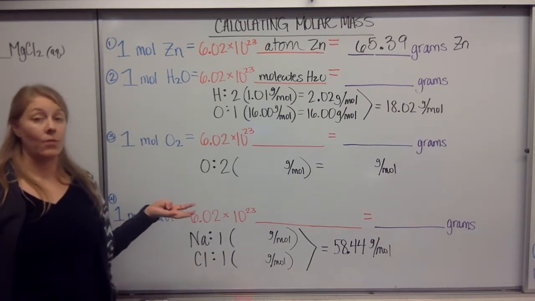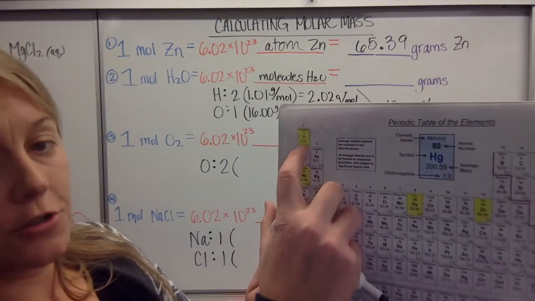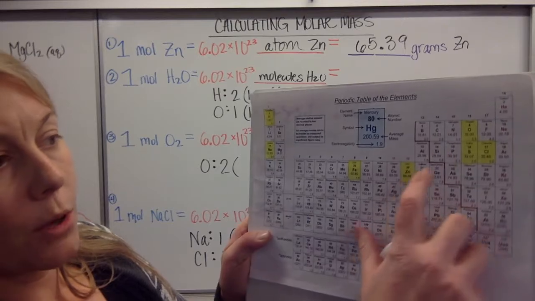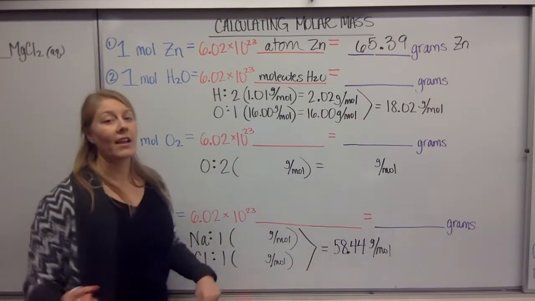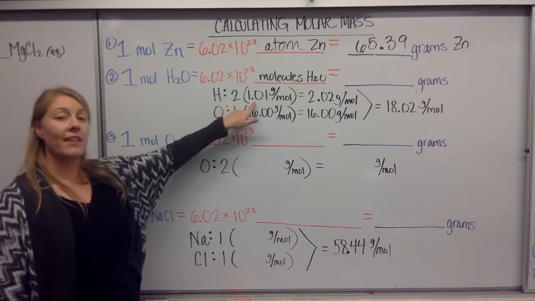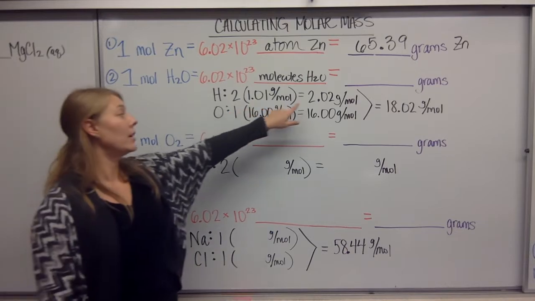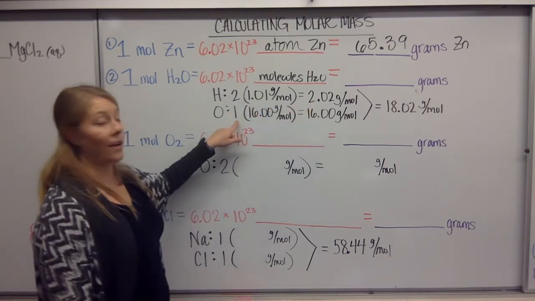How many grams is that equal to? Well, we look on the periodic table. We find the molar mass of hydrogen, 1.01, and the molar mass of oxygen, 16.00. Now we actually have to do a small calculation. We have 2 hydrogens in H2O. Each hydrogen has a mass of 1.01 grams per mole to give us 2.02 grams per mole. There's only 1 oxygen.